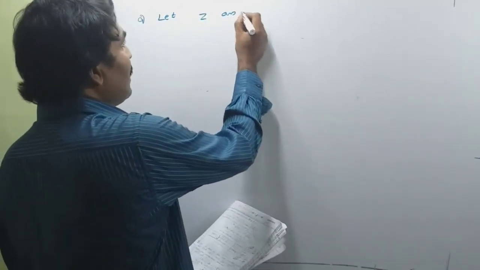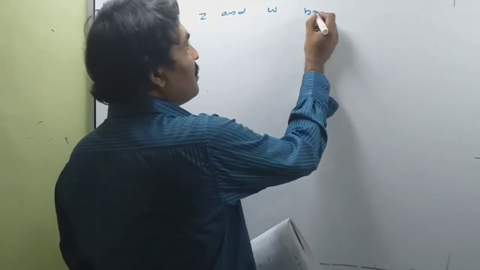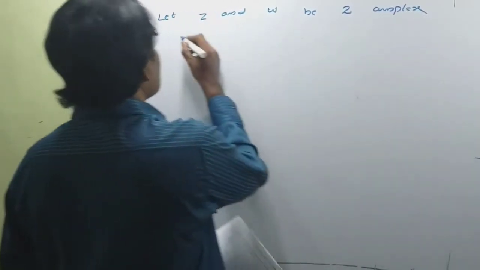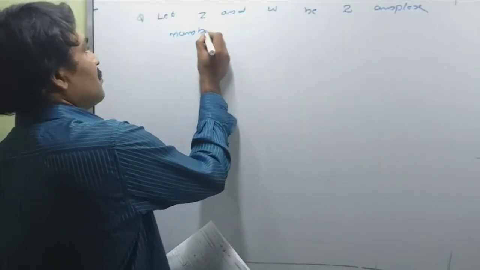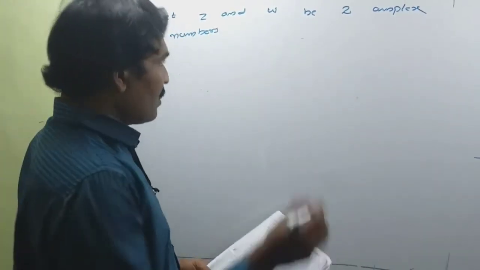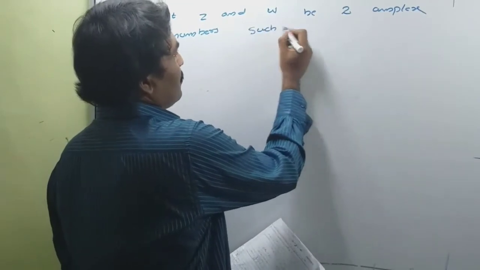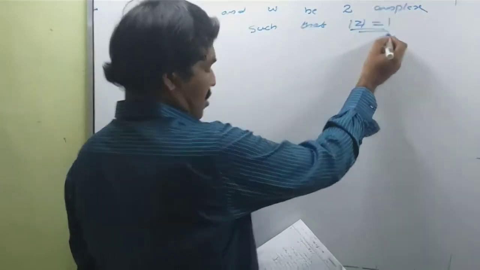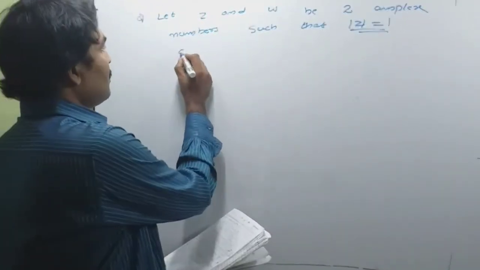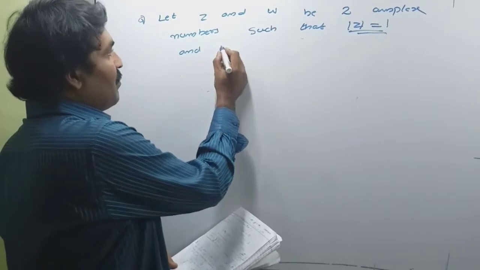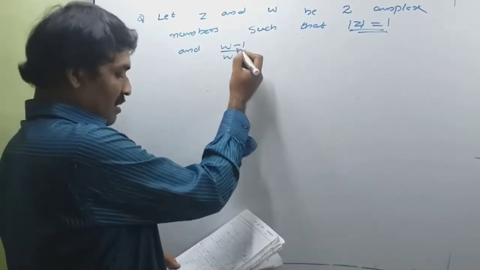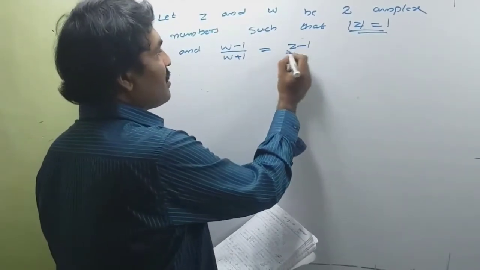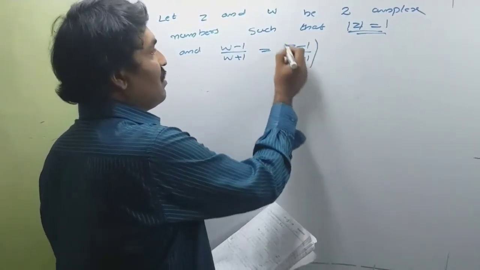Let Z and W be two complex numbers such that mod Z is equal to 1 and (W minus 1) by (W plus 1) is equal to ((Z minus 1) by (Z plus 1)) the whole square.